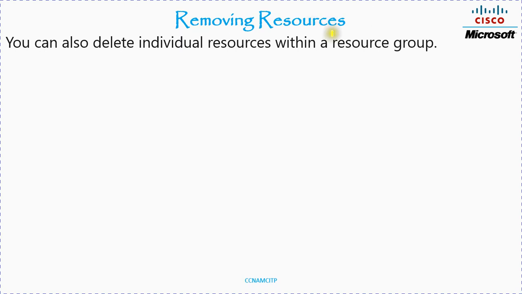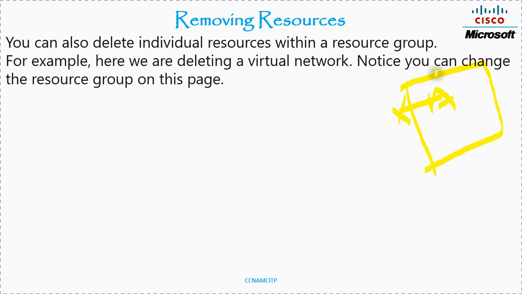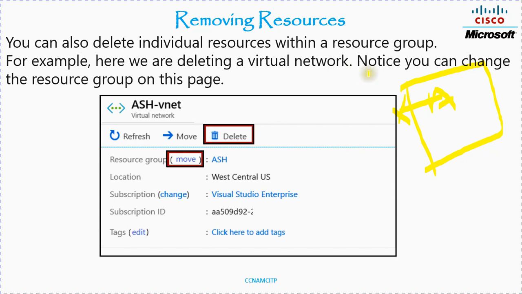You can also delete individual resources within a resource group. For example, you have this resource group and you want to delete A, so you can delete A alone, independently. You do not need to delete all the resources or the resource group. For example, here we are deleting a virtual network. We have one virtual network, and you get lots of options like move and refresh.